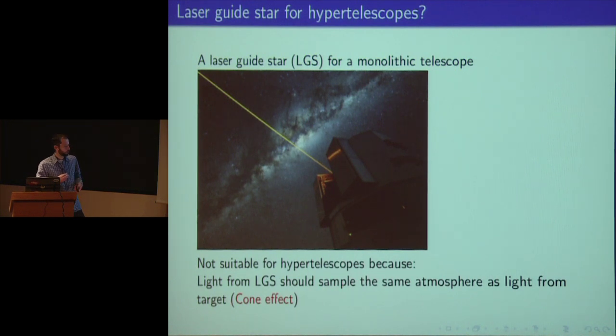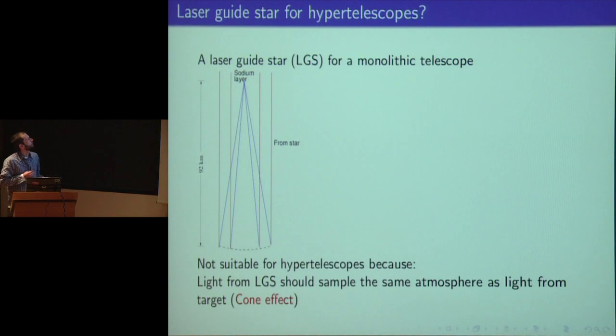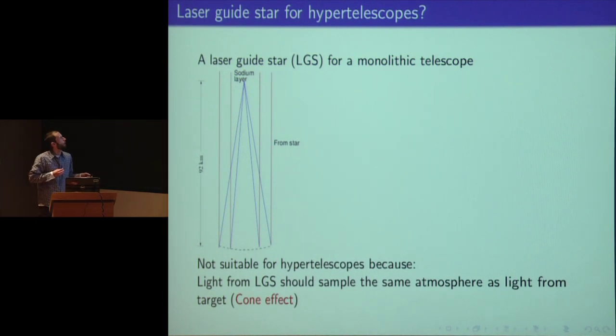I'll explain this a little bit better with a small diagram. If you have your star located essentially at infinity, and you have your sodium layer at 92 kilometers, the atmosphere that the light from the laser guide star traverses is not the same as that from the star.